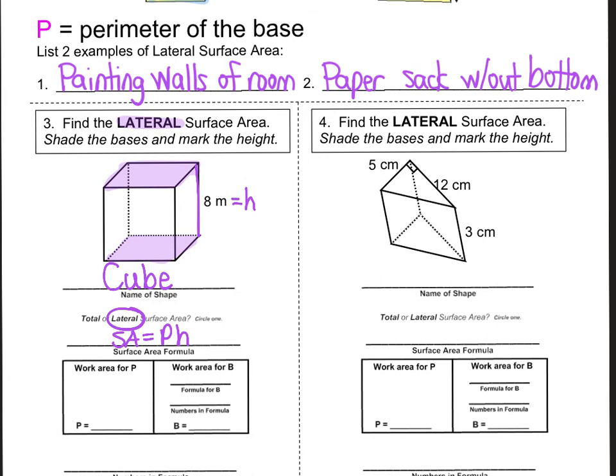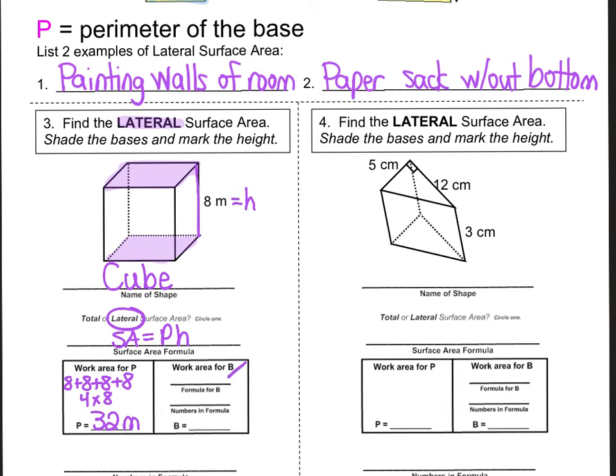So what is the perimeter of the base? Well, if it's a cube, all sides are going to be 8. I could add 8 plus 8 plus 8 plus 8, or I could just do 4 times 8 because they're all the same. Either way, I'm going to get 32 meters. What about the work area for the big B? Do I need that?